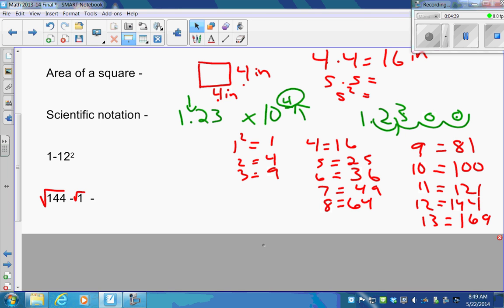Those are all your numbers squared. Just in case you forget on the test, those are your numbers.